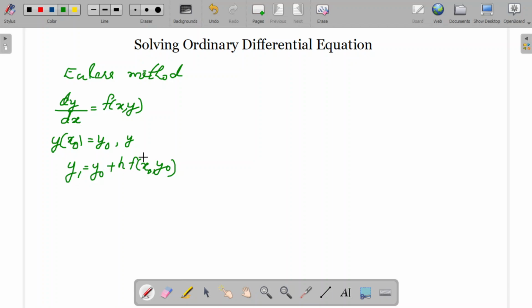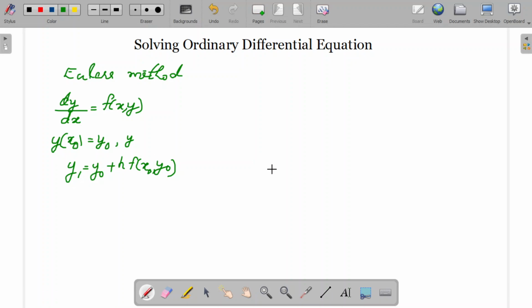We also understood that taking the value of f of x0, y0 is an approximation. With this approximation and taking small values of h, we can find the value of y1, and with the known value of y1 we can find the value of y at another point.